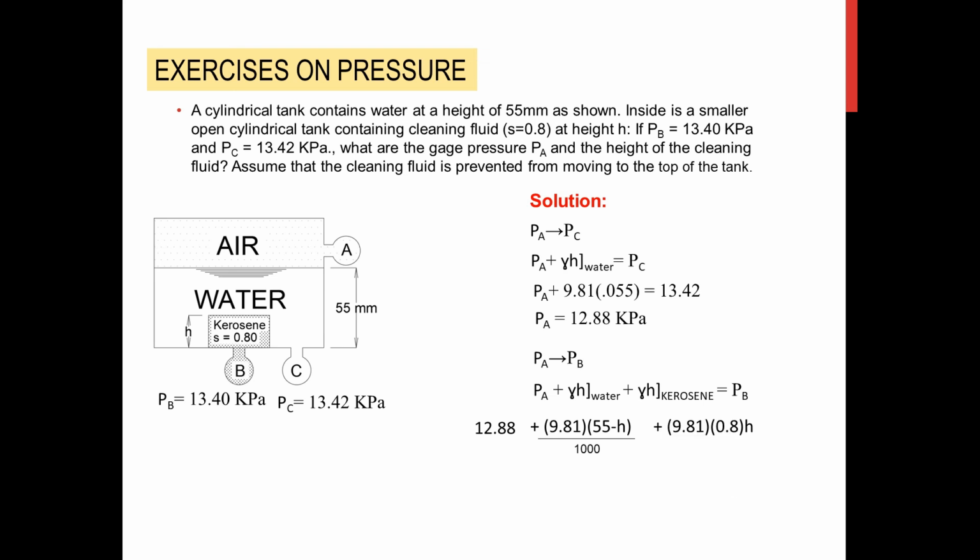So we add on the kerosene portion, we have 9.81 times 0.8 times H. Again, this will be divided by 1000 to convert millimeter to meter. So that will be equated to your end pressure, PB, is equal to 13.4. Manipulation of equation will have H equal to 0.1 meters, which is equal to 10 millimeters.